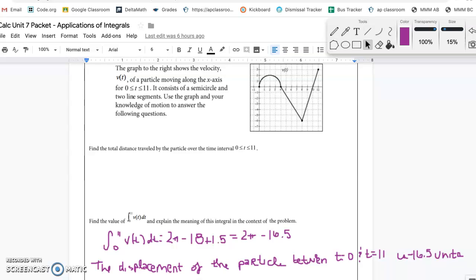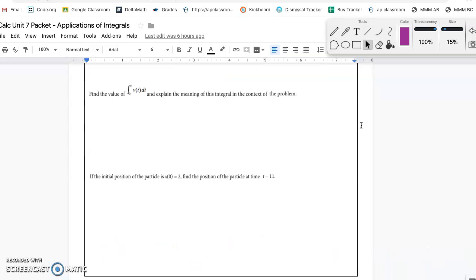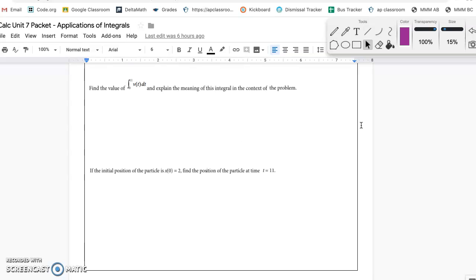All right, moving on. So the initial position of the particle x sub 0 is 2. Find the position of the particle at time t equals 11. So this is not bad at all. This is just saying, basically for a position, take the initial position, right? So this is just like what we did last unit.